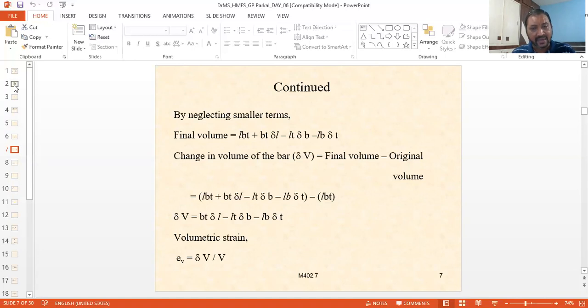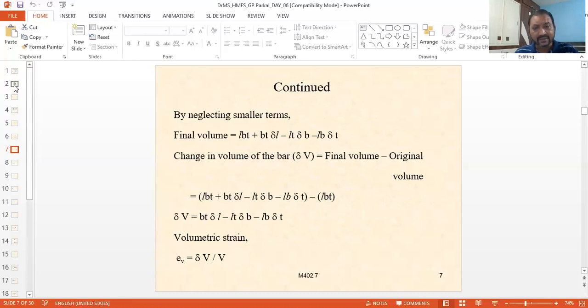If we neglect the smaller terms, the final volume will become L into B into T plus B into T into delta L minus L into T into delta B minus L into B into delta T. So this is the final value after neglecting the smaller terms.